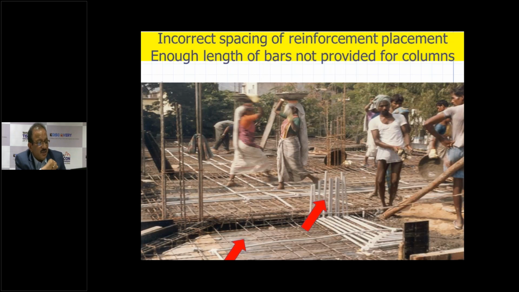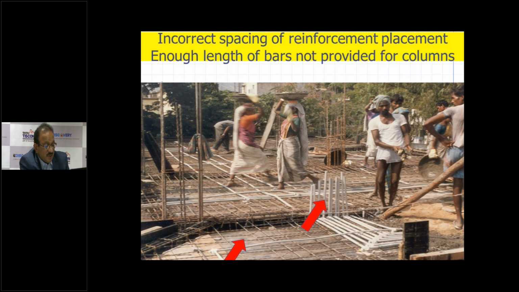In this picture, you can see two things. One is incorrect spacing of reinforcement. This red arrow at the bottom, you can see on the right side of the arrow, the bars are placed roughly at 200 millimeter center to center, and here one bar is missing.